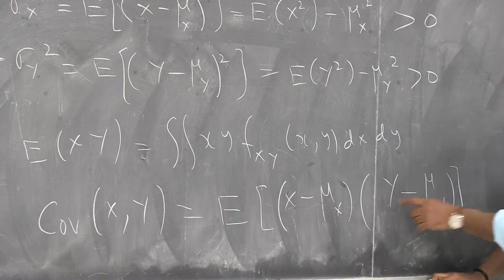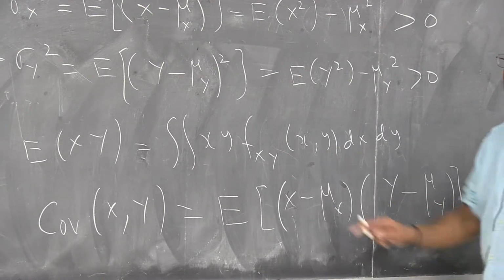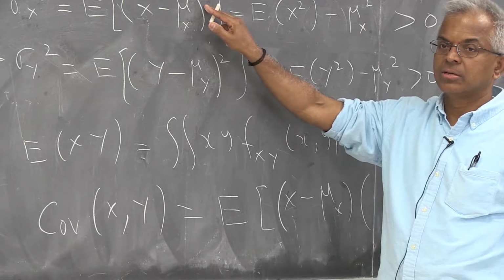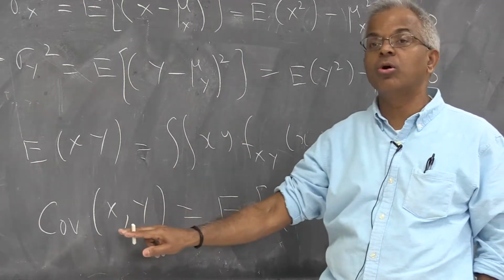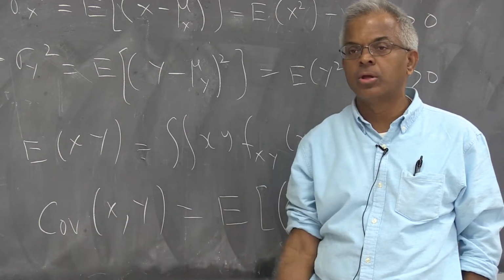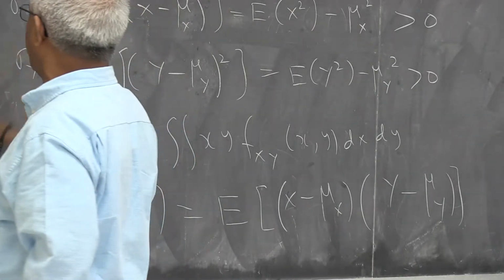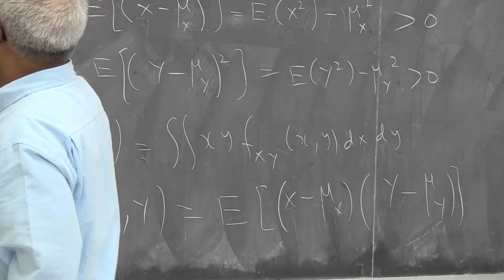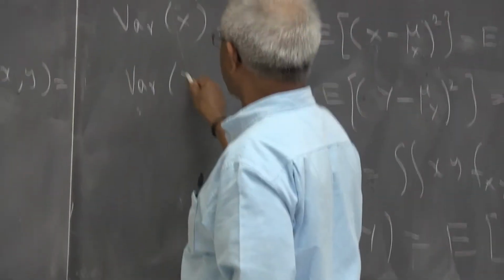X minus mu x multiplied by? So what is that? That's the same as this, isn't it? So this is the variance. So this is the covariance. COV stands for covariance because this is, look at here, the variance of x, this is the variance of y.